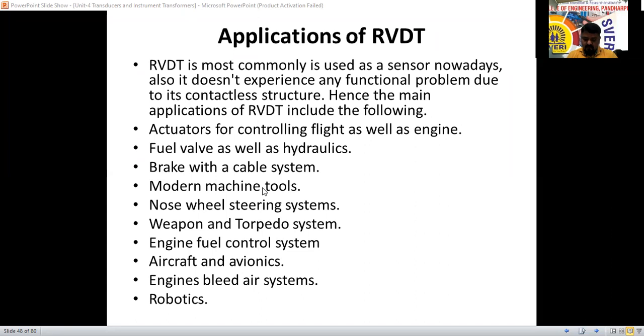These three transducers we have discussed here now. It completes the transducers part. Next we will go for the second part of chapter 4, that is called instrument transformers.